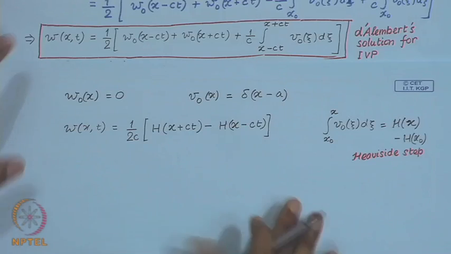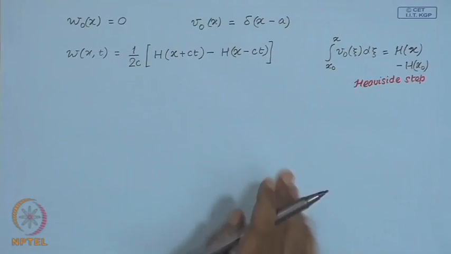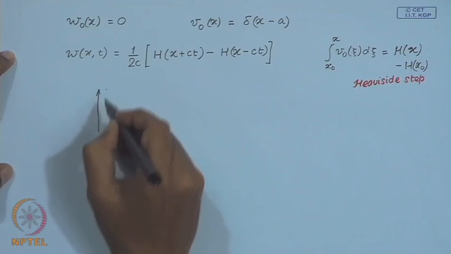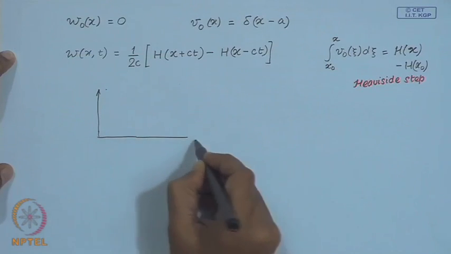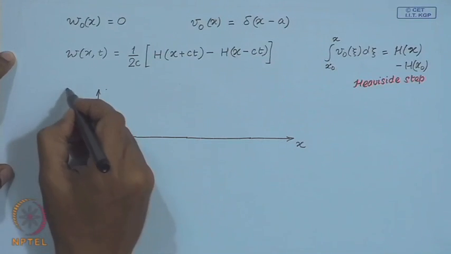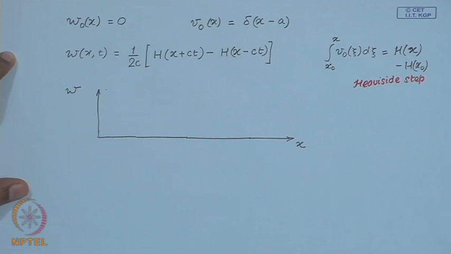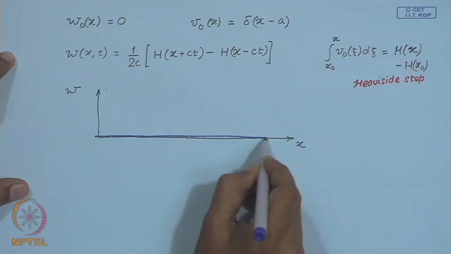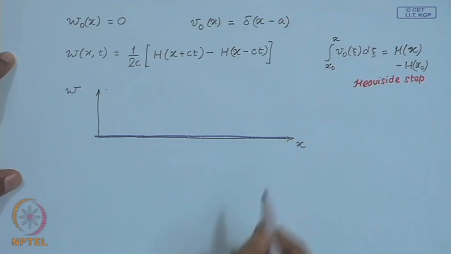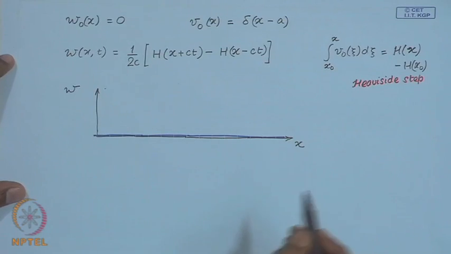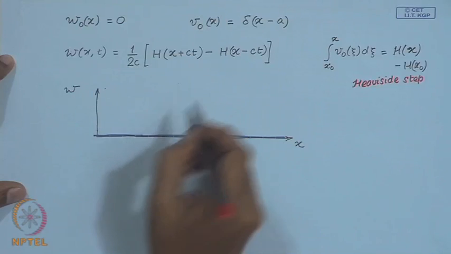Now, let me once again draw the solution. So, the initial shape of, let us say, the string is 0. So, there is no displacement, and I have given this step, let us say, at x equal to a.